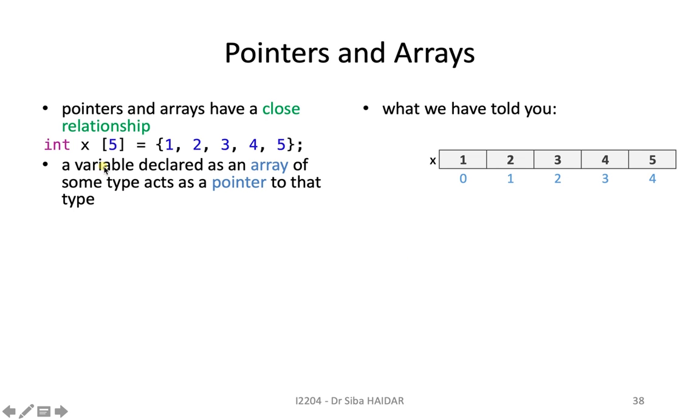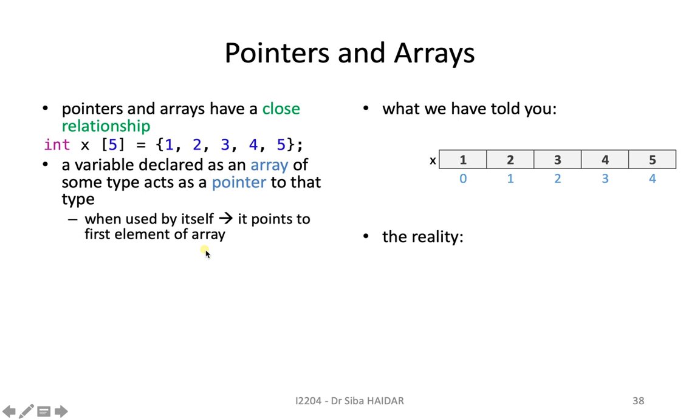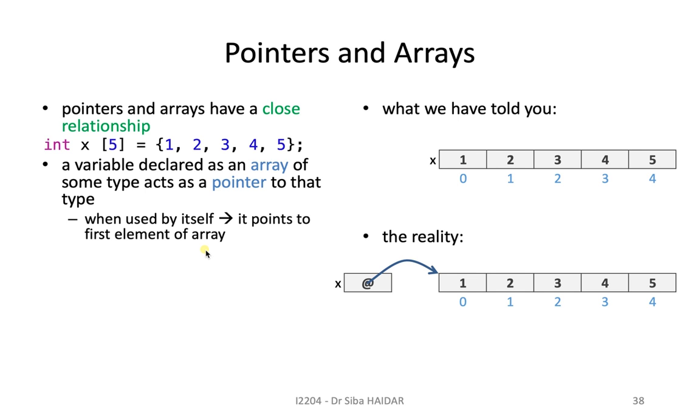However, a variable declared as an array of some type acts as a pointer to that type. When used by itself, it points to the first element of the array. It means the reality of this schema is as follows. x is a pointer which points to the first element of an array of 5 elements. So this is the real schema.